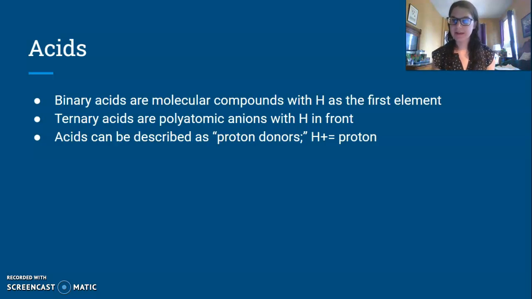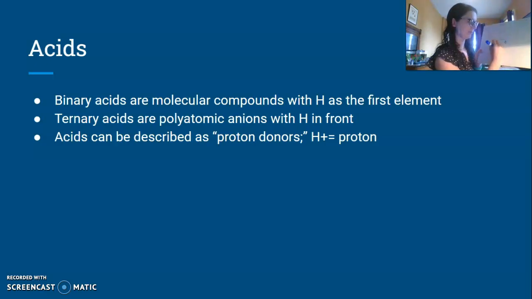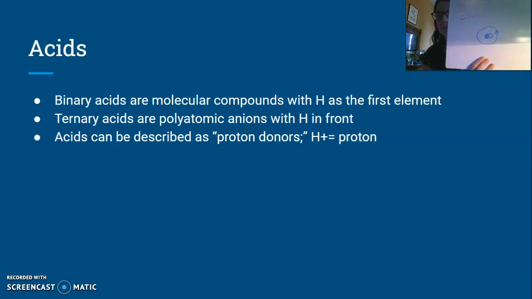So the reason a lot of acids, not all acids, have this H in front of them is because acids are usually, or can be described as, proton donors. So remember with the atomic model, if you're looking at an atom of hydrogen, we have 1 proton surrounded by 1 electron, and there's probably a neutron in there somewhere as well.